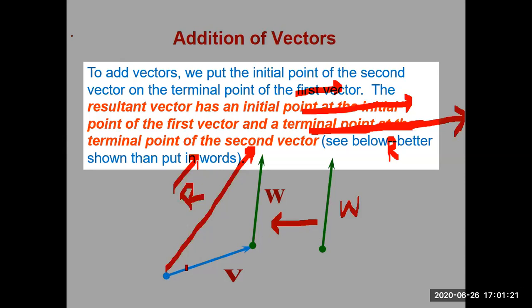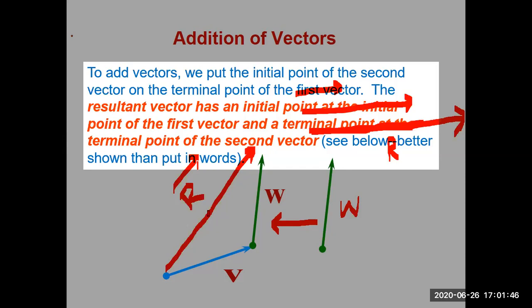This is a type of vector addition in which the head of the first vector is joined with the tail of the second, and the tail of the third vector is joined with the head of the second, and so on. Finally, a vector is drawn whose tail is the tail of the first, or initial with the initial of the first, and terminal with the terminal of the last, or head with the head of the last.